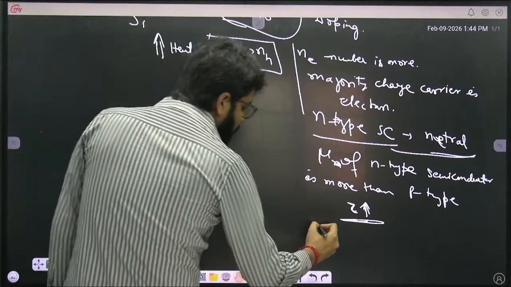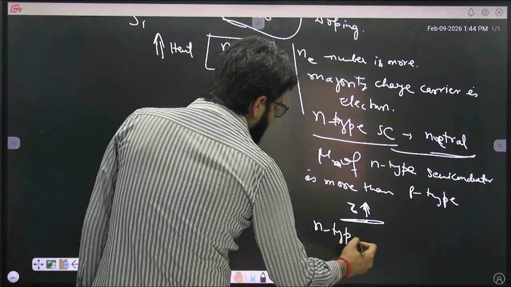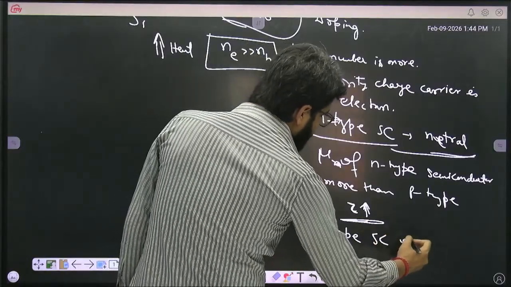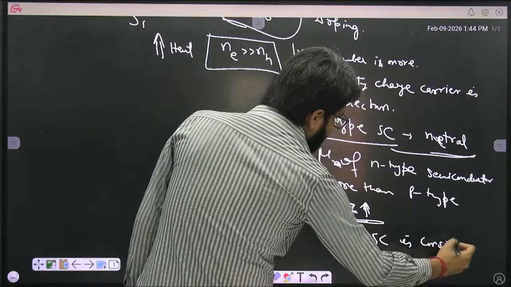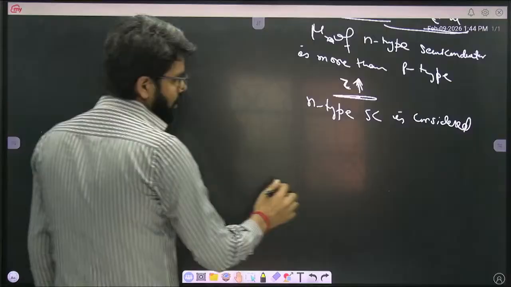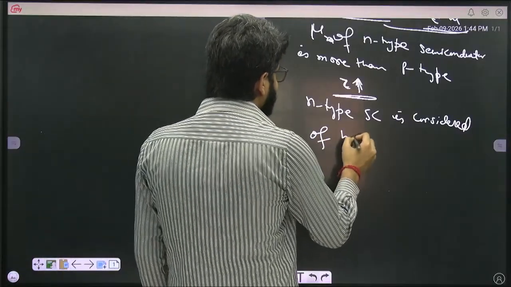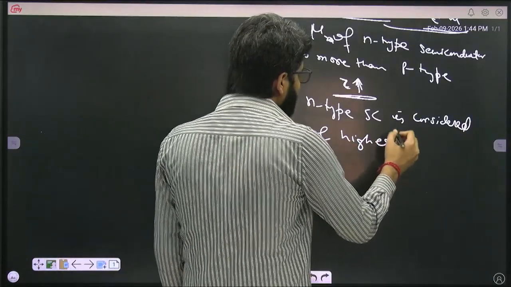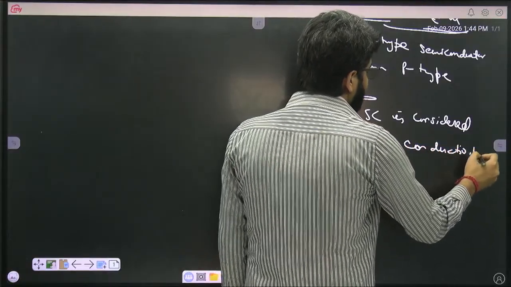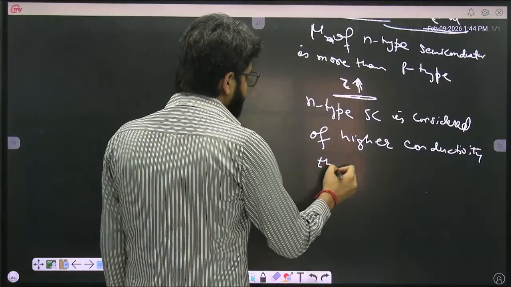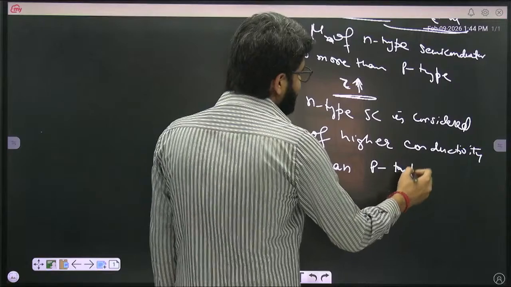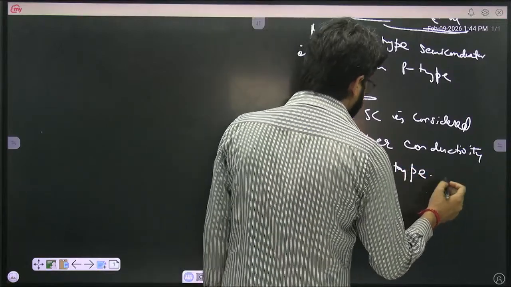That's why we can also say that the n-type semiconductor is considered to have higher conductivity than p-type. N-type is a better semiconductor than p-type.